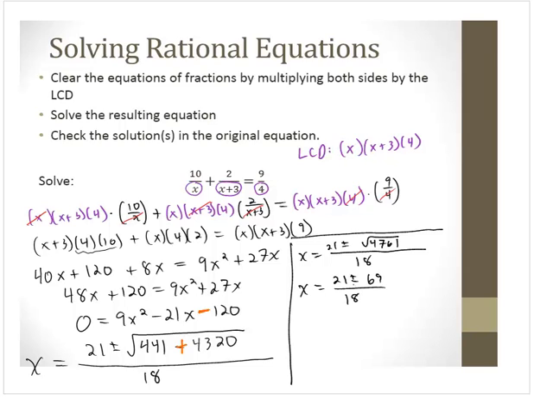Alright, and so now we're getting the two solutions out of this. We have 21 minus 69 over 18 is negative 8/3. And 21 plus 69 over 18 is 5.